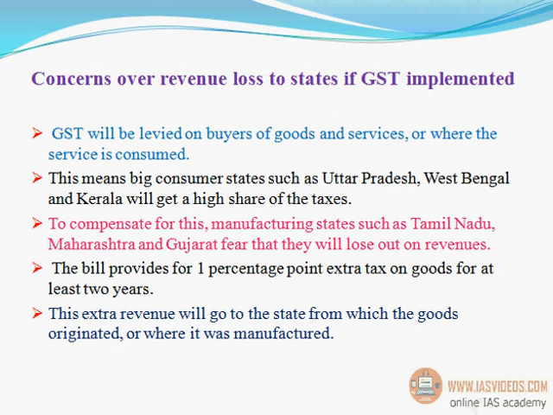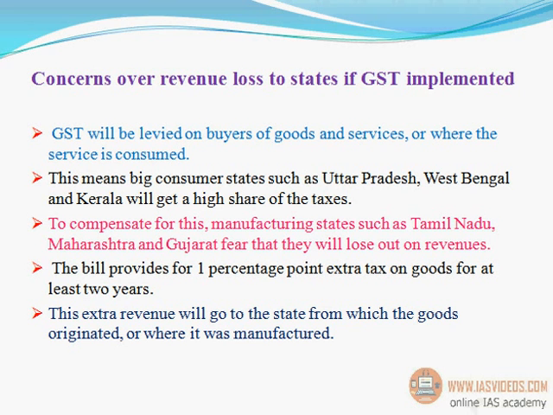Concerns over revenue loss to states if GST is implemented. GST will be levied on buyers of goods and services, or where the service is consumed. This means big consumer states such as Uttar Pradesh, West Bengal and Kerala will get a high share of the taxes.